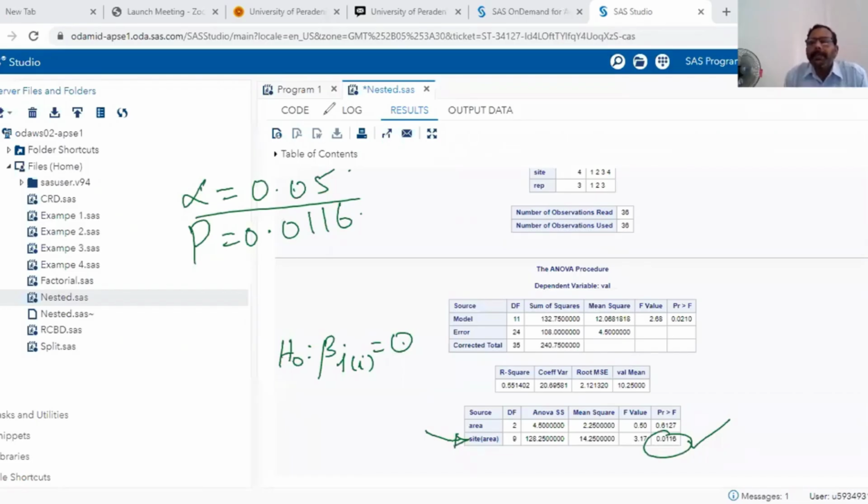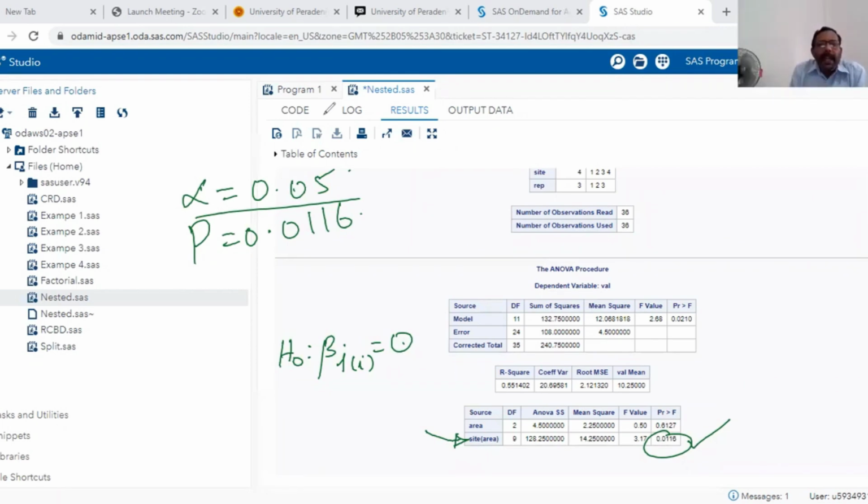Anyone? Anushalini? Ravichandran, Anushalini, Ravichandran. P is larger than alpha.